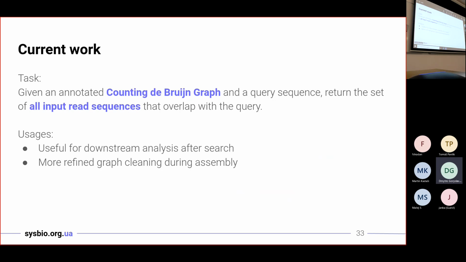This query and algorithm can be useful for further downstream analysis after search. I will elaborate on this a little later with some use cases, and it can also be helpful during the graph assembly step to provide more refined graph cleaning.